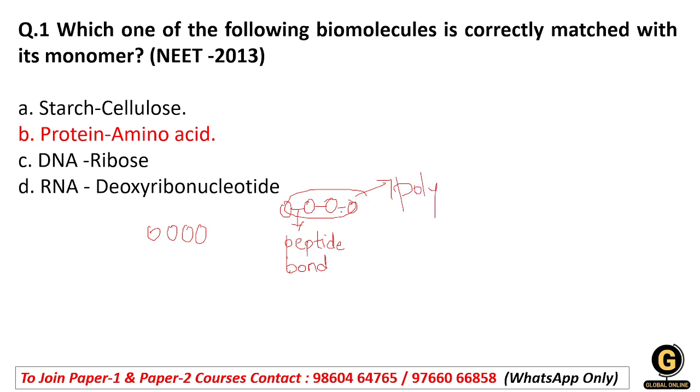Yes, so the right answer, students, is protein amino acid, option number B, because proteins are the polymers that are made up of amino acid monomers which are linked by peptide bonds.